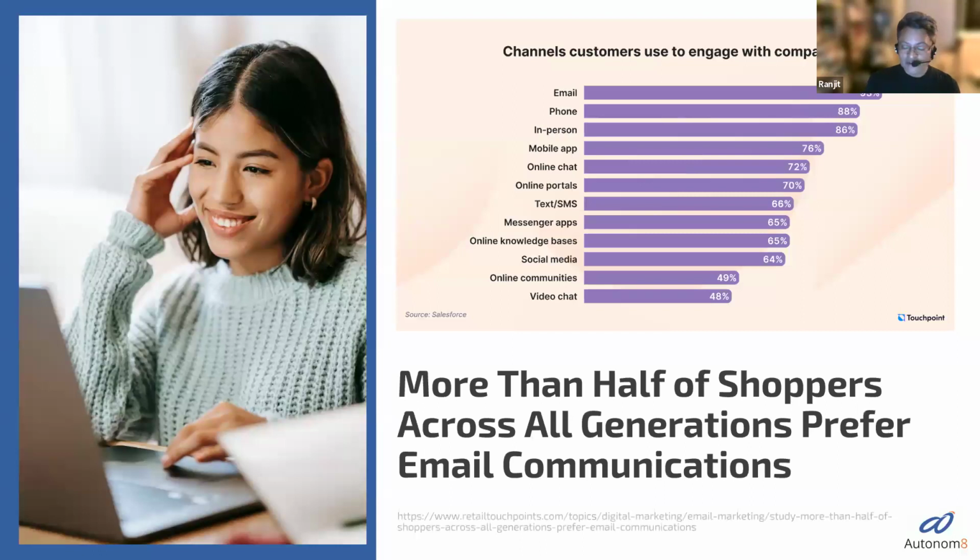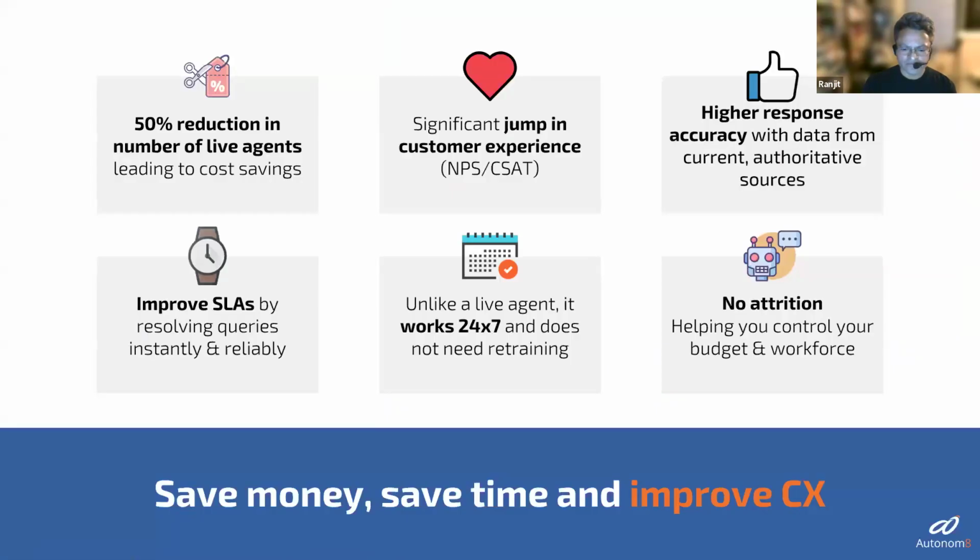If you look at shopping specifically on the retail side, even more than 50% of people continue to rely on email for communication. So it's really important to have a strategy that is able to leverage this fact and ensure that you have an efficient capability to respond to email. And as you can see, email is at the top of the list as a very prominent channel.